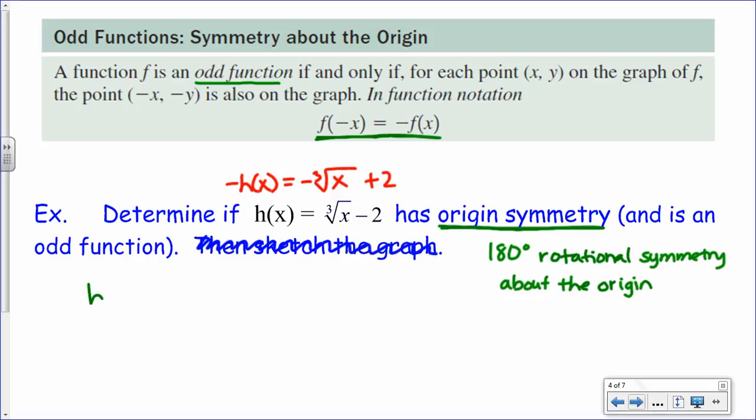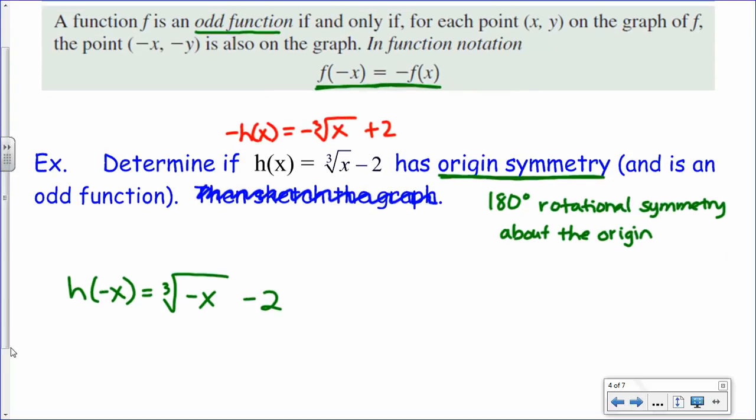So let's plug in negative x. We only have one place to do that. I need to talk about this though. So cube root of negative x, that's the same thing as the cube root of negative 1 times x, correct?